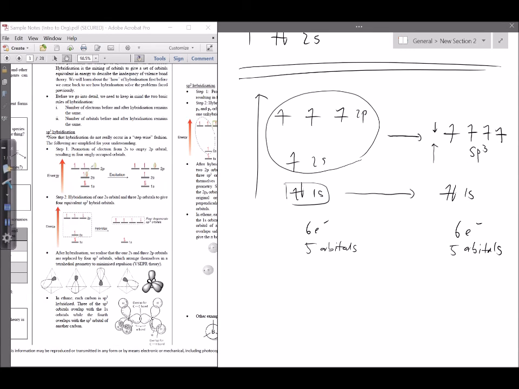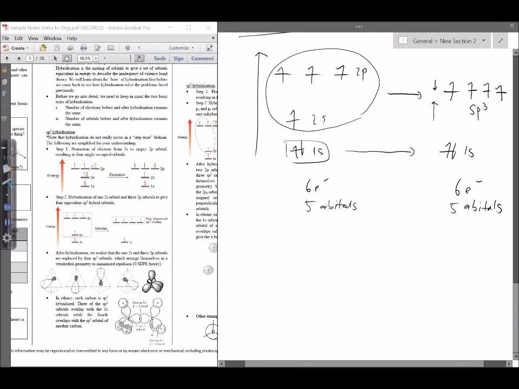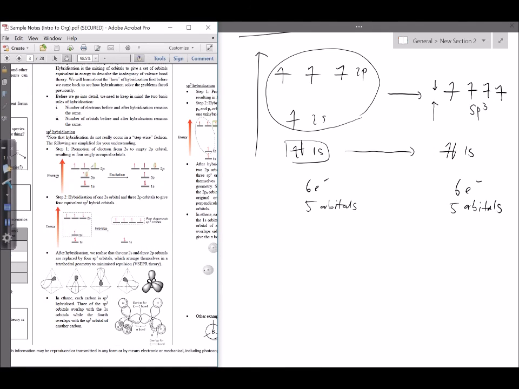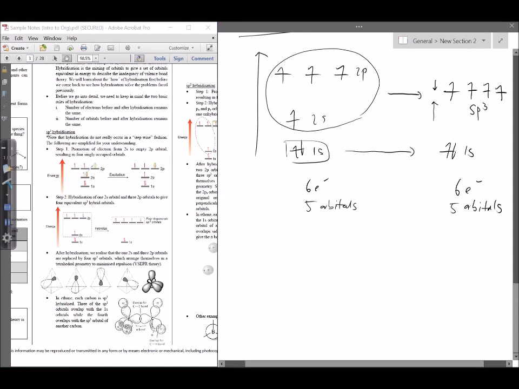So how does sp3 hybridization solve the number of bonds and bond angle problem for CH4, which is your methane? Now, after hybridization, we have 4 of these orbitals, and these hybrid orbitals will arrange themselves in a tetrahedral geometry to minimize repulsion. Originally you have an s orbital and a p orbital. After hybridization, you get this lopsided shape, which we call the sp3 orbital.